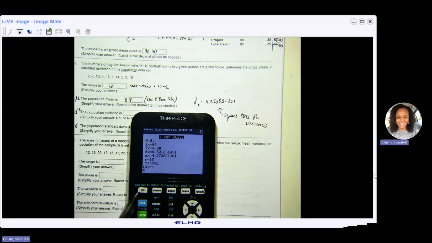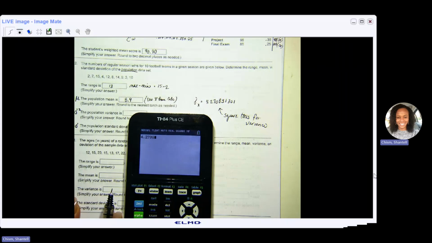Remember, I'm using sigma because it's the population. S is also the standard deviation, but it's for a sample. I have a population. So I'm typing 4.270831301. I'm sorry, square. I didn't square it yet.